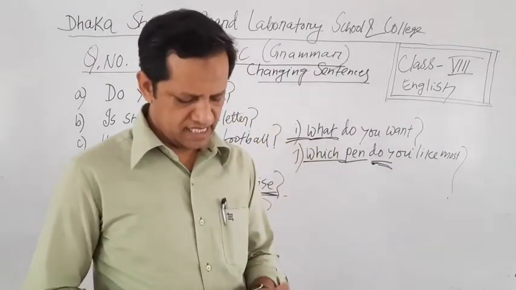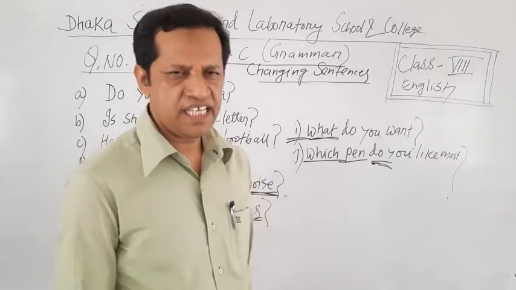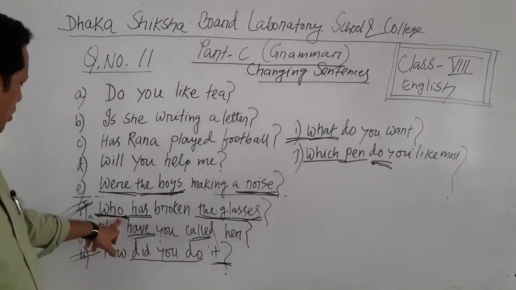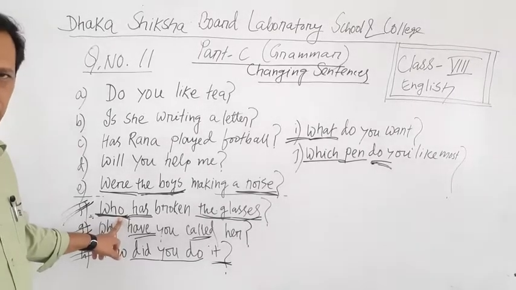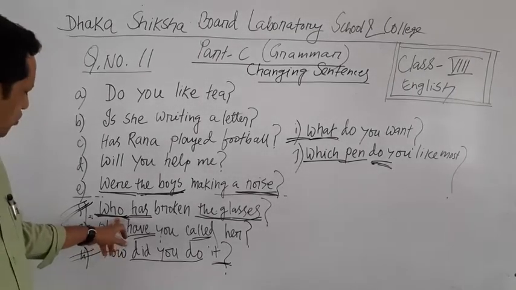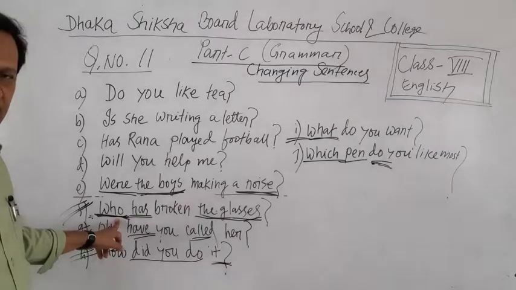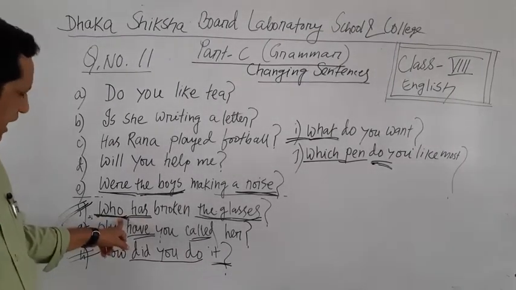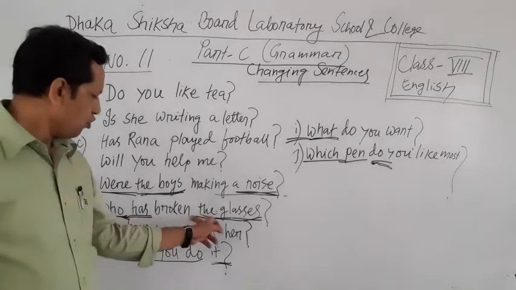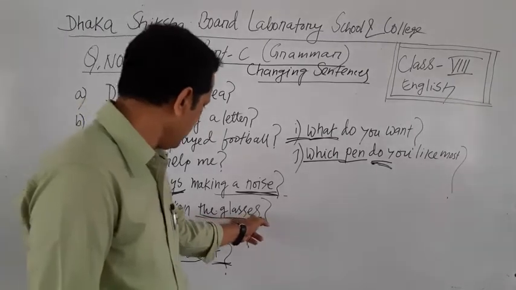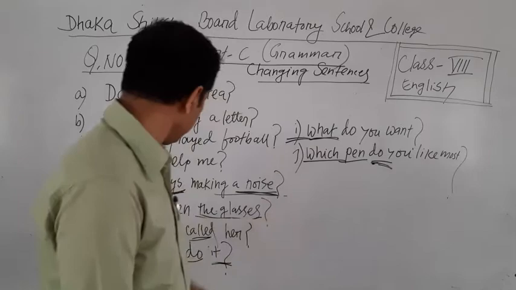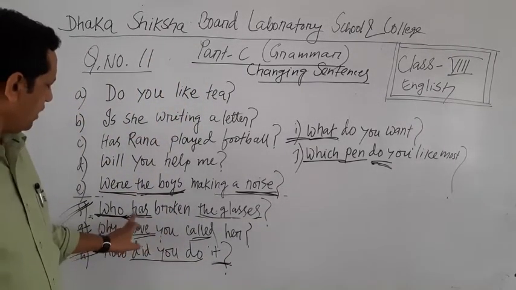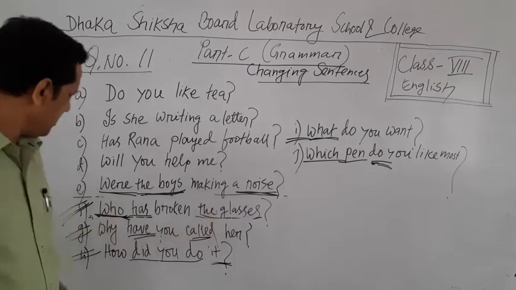Here I can add an idea: when the sentence begins with "who," we usually start the answer with "by whom." And after that we don't use any "by" as a preposition in the sentence. Look, who has broken the glasses?